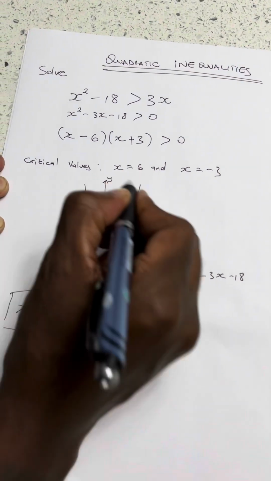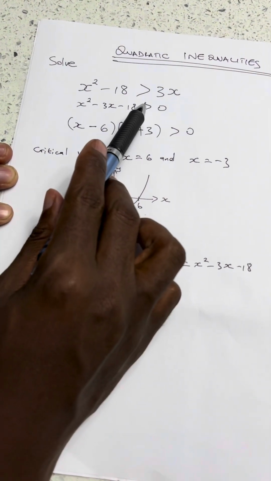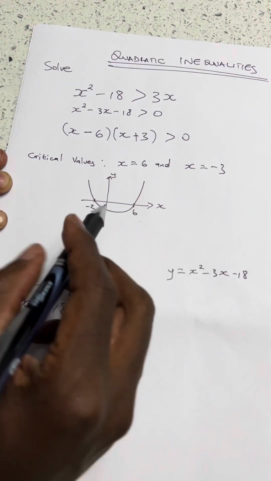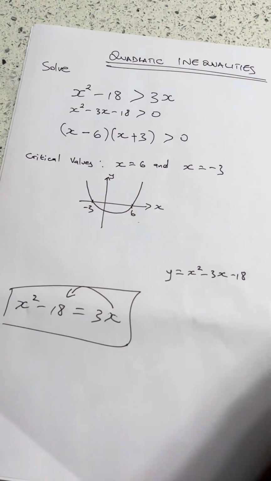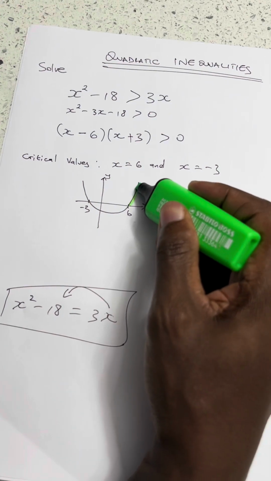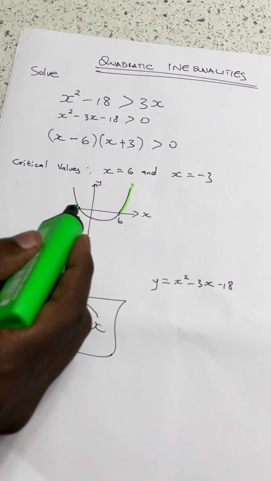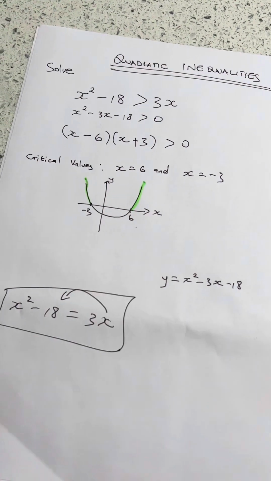This is our y-axis. So now we want where this graph is greater than 0, so we want where it is above the x-axis. As you can see, the graph is above the x-axis all the way from 6 up to infinity, and all the way from negative 3 down to negative infinity.